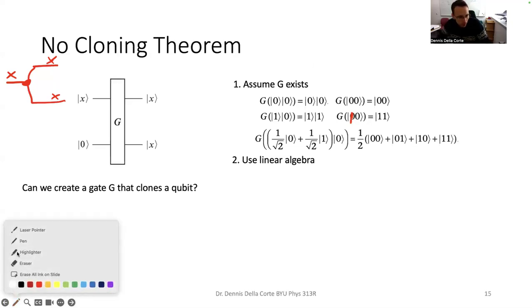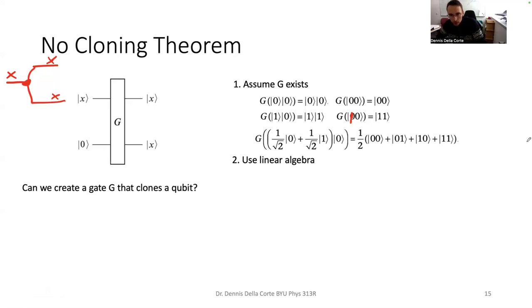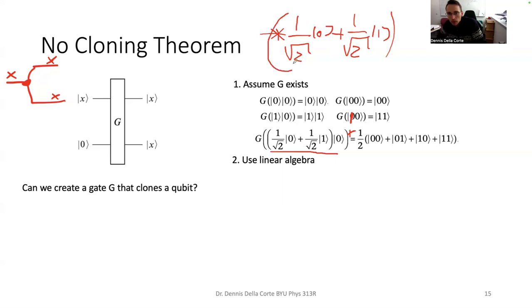Okay, so I skipped a step here. This is why I couldn't see directly where we got this from. So if G exists and clones this qubit here, then after G, let's put a little star here. After G, we would have this qubit twice, and we have to multiply it out. So we would have 1 over square root of 2, 0, plus 1 over square root of 2, 1. And then we would need to multiply that by itself because it will get cloned, right?